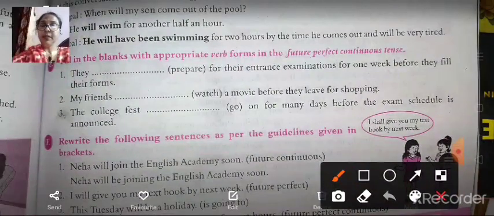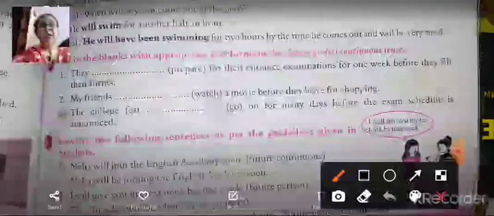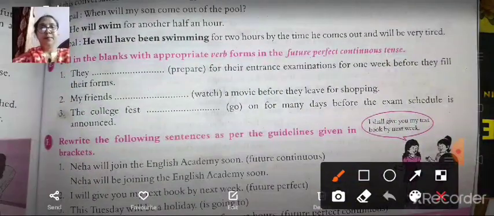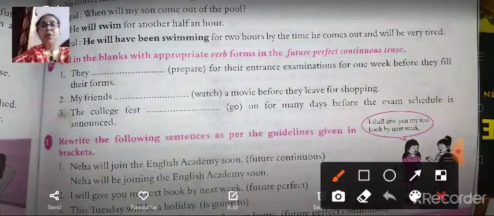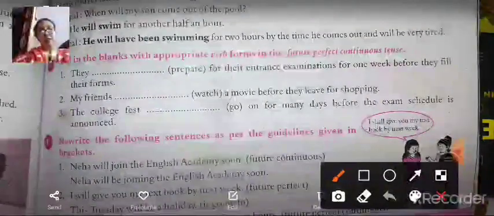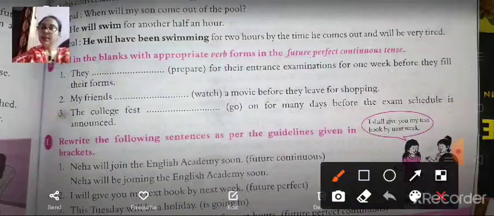So children, please take out your book, page number 111, exercise number C. Let's start. Fill in the blanks with appropriate verb forms in the future perfect continuous tense that we have already discussed: will have been, verb with ing.